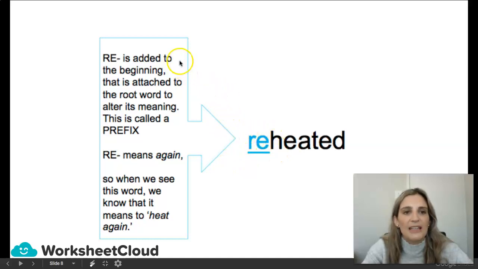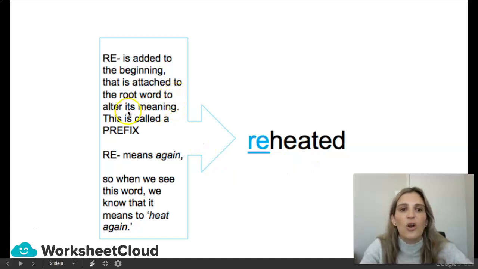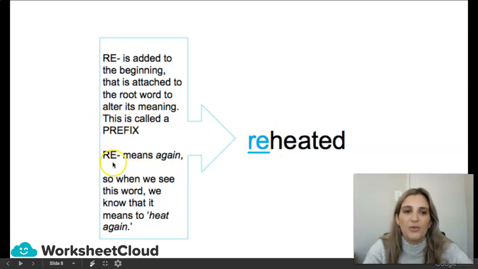So re is added to the beginning, attached to the root word. Our root word was heat. Okay, and it's going to alter or change its meaning, and this is called a prefix. Re means again, so when we see this word, we know that it means to heat again.